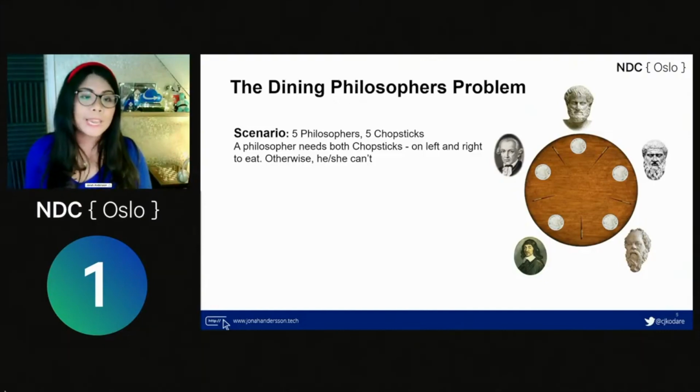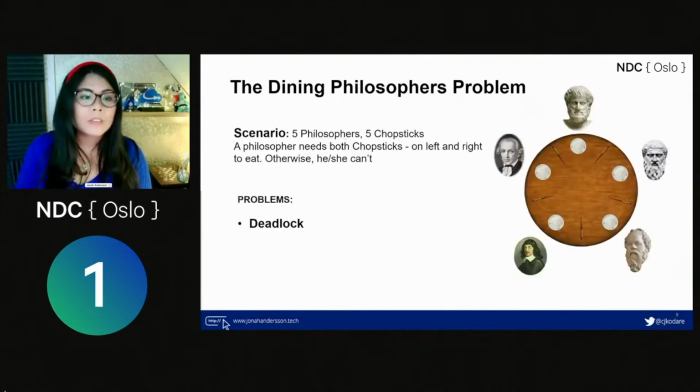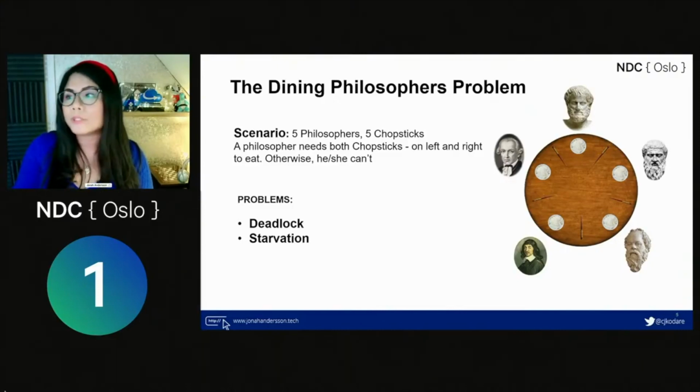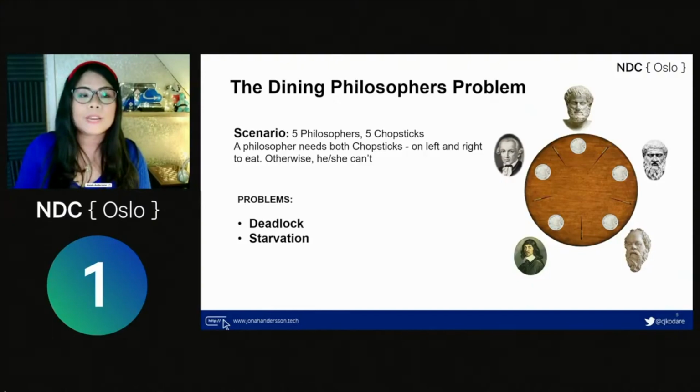Otherwise, he or she can't eat. The purpose of this problem is that there's a risk of deadlock, and if there's a deadlock, that means starvation: none of the philosophers will be able to eat if each of them picks the chopstick from left to right.